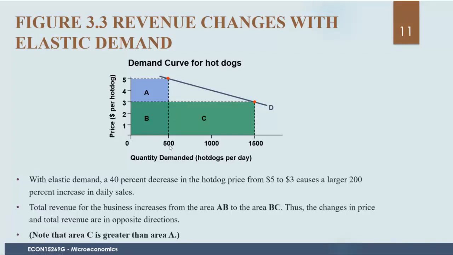The revenue is going to be 5 times 500, and that's the area of this rectangle here, which is A plus B. Now, if we lower the price to $3, we're going to lose out on this revenue here, because where we started out, we were selling 500, but now for that initial 500, we're only getting $3 rather than $5. So we're going to lose out on this, but we're going to gain this area C, because now we're going to be selling 1,000 more hot dogs.